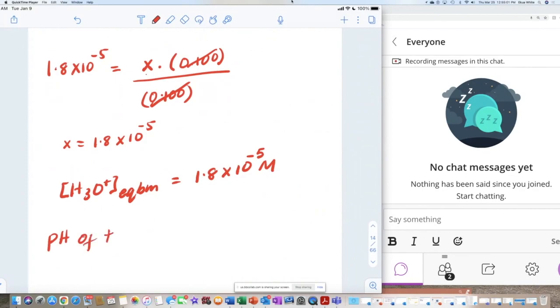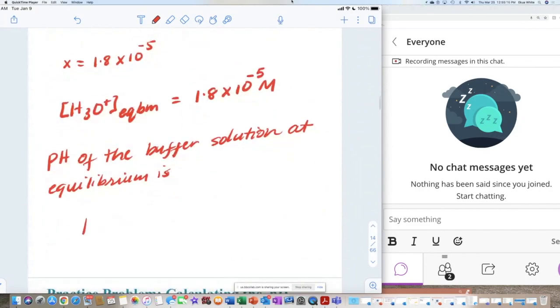The pH of the buffer solution at equilibrium is, drum roll, pH is equal to, I know it's not as exciting, but it's like this is the finale, right? Negative log base 10, 1.8 times 10 power negative 5.